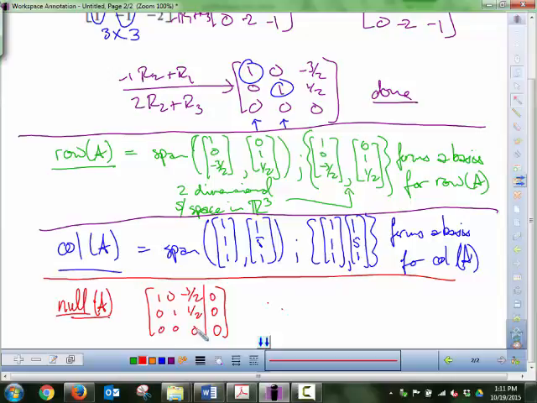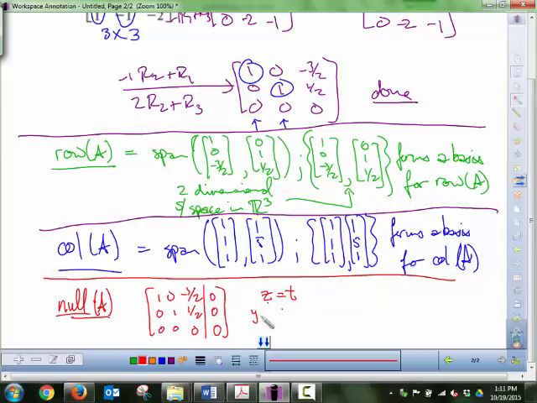So since we don't have a value for our z, that's what we're calling our last variable, we have to assign it to be a free variable. So from the beginning we need our z equal to a free variable, and then you can solve for the rest of them.